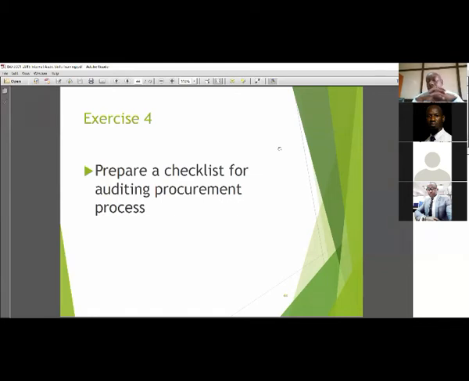I've come up with 6. In the procurement process, I, as the auditor, would be interested in knowing whether quotations were solicited from different suppliers.